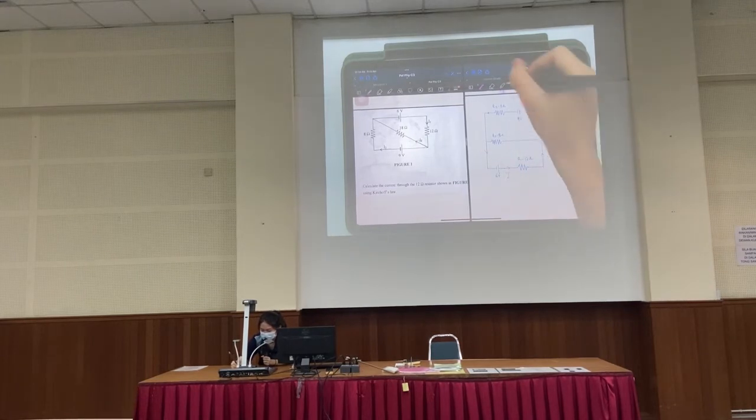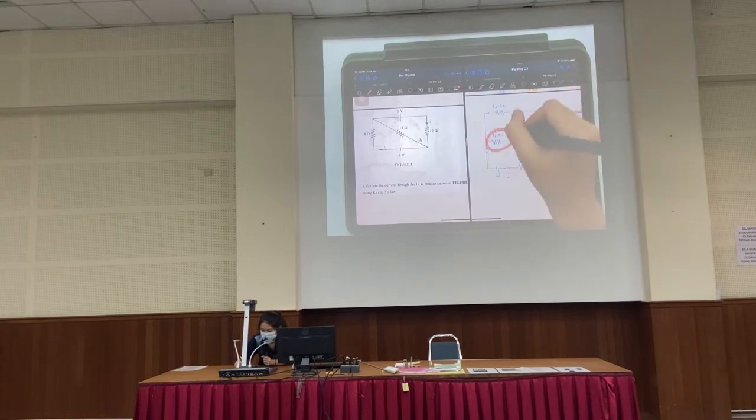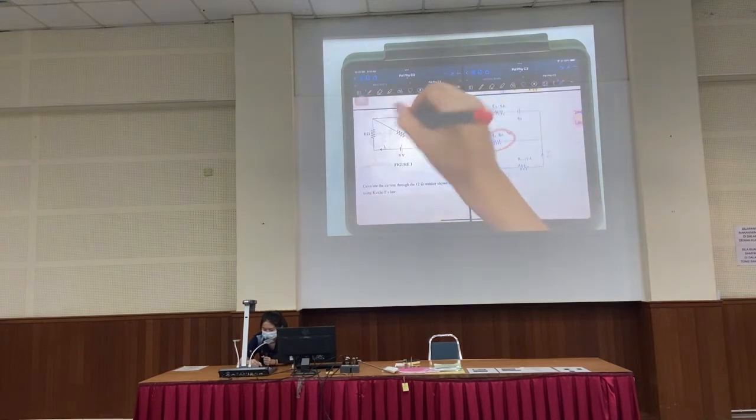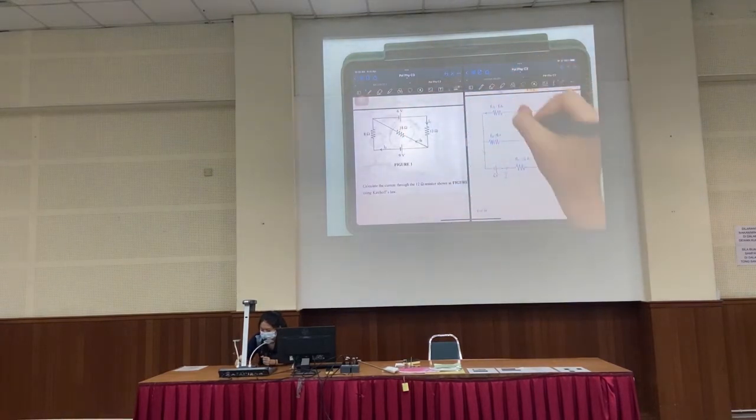And then the second resistor is 18 ohm. Therefore, I2 is here, in the opposite direction. And the third resistor is 8 ohm, and we label the current I3.